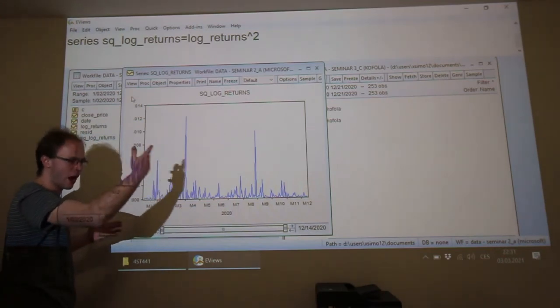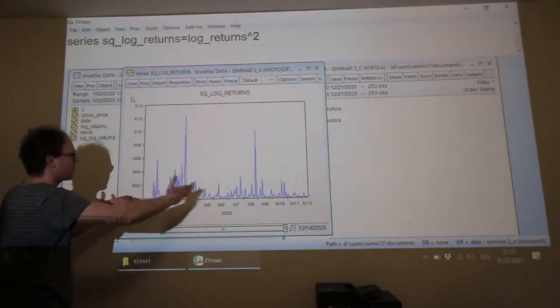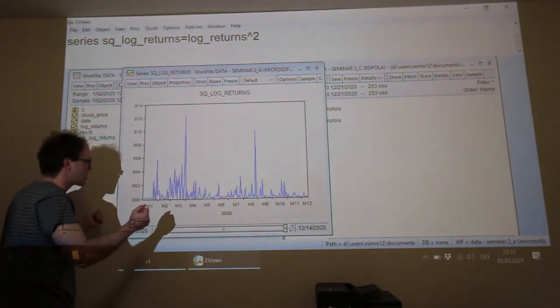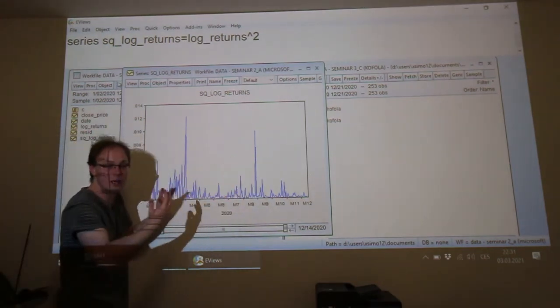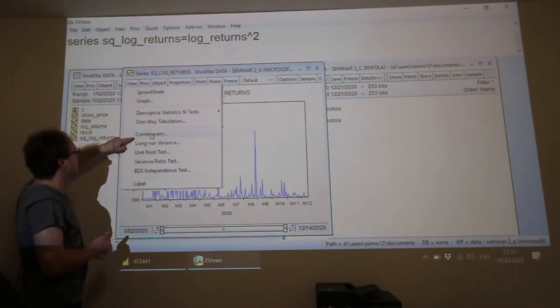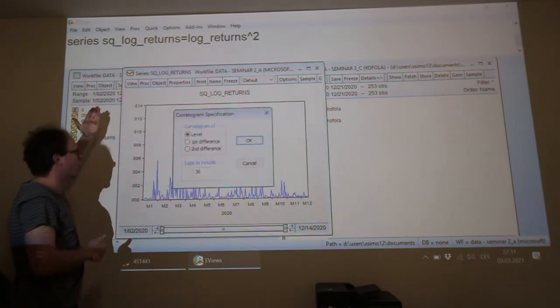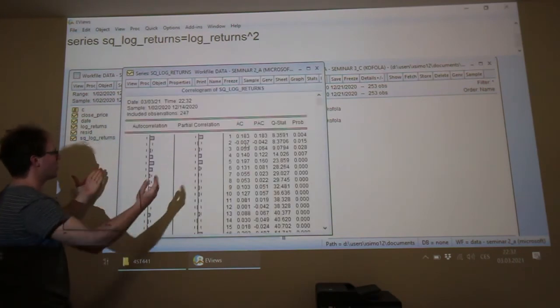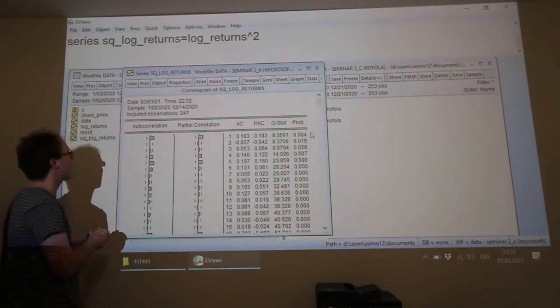the correlogram, we will check the correlation structure if this data set is dependent or independent. So we can click on View button, we can check correlogram of level, okay, and we will see this result.